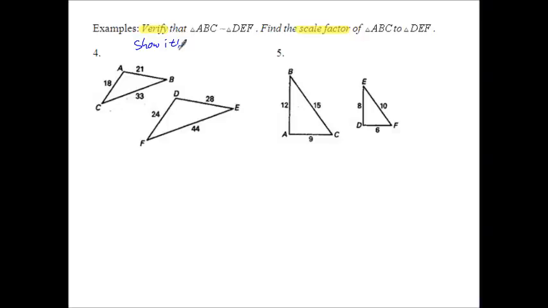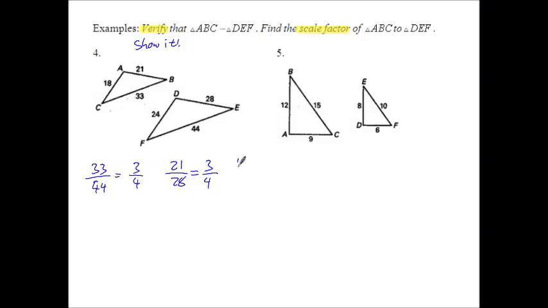So using our side-side-side similarity theorem, let's make the ratios of the respective sides. The largest side of 33 over 44 will give us a ratio of 3 over 4 simplified. The next largest, 21 over 28, ends up in a ratio of 3/4 as well.